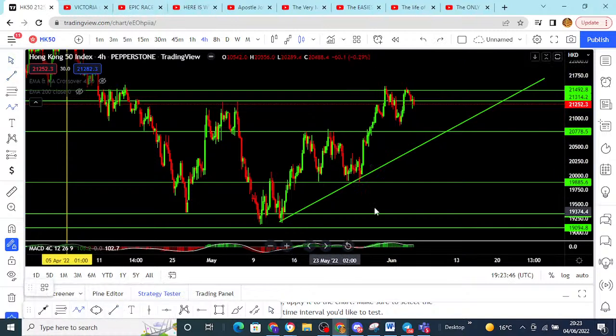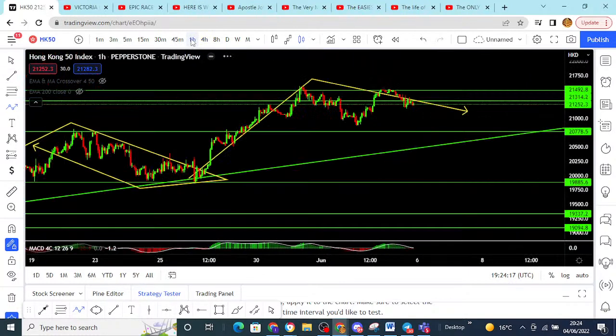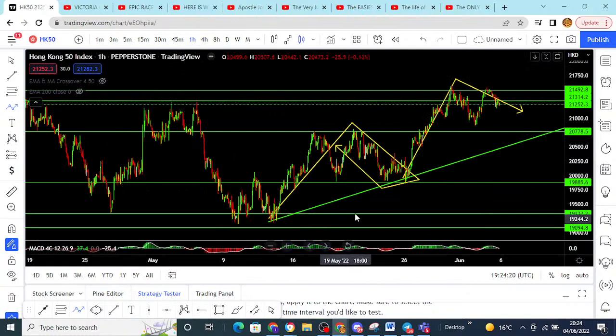If you keep your eye on how I expose the opportunities, that's one, and the market is making its way down. So this flag is not yet complete, but we can see that the market has been making higher highs. As far as the 4-hour chart is concerned, were we to take this down to 1 hour, there's a few more things about the market that we will see.